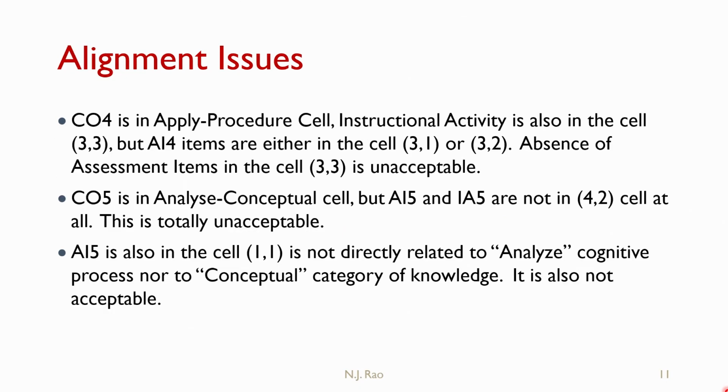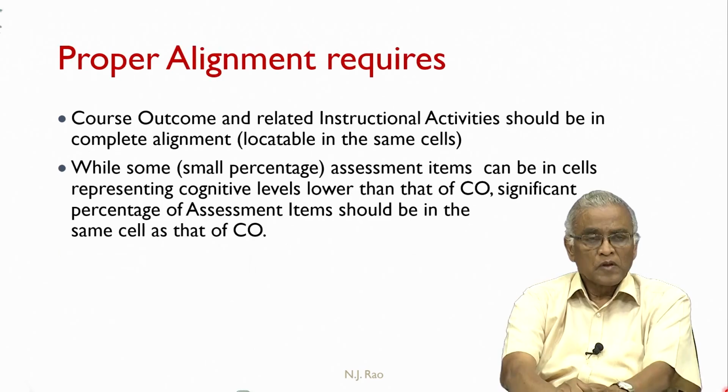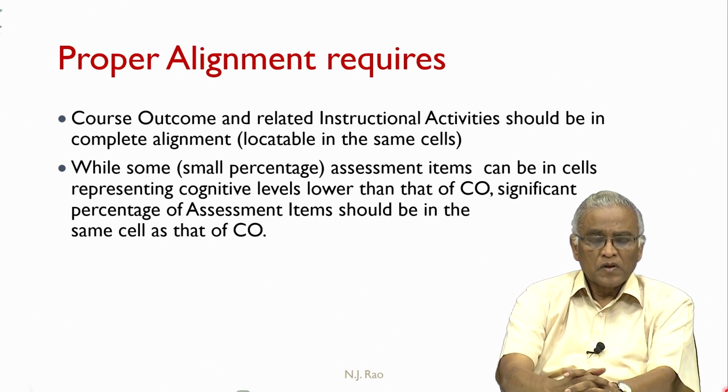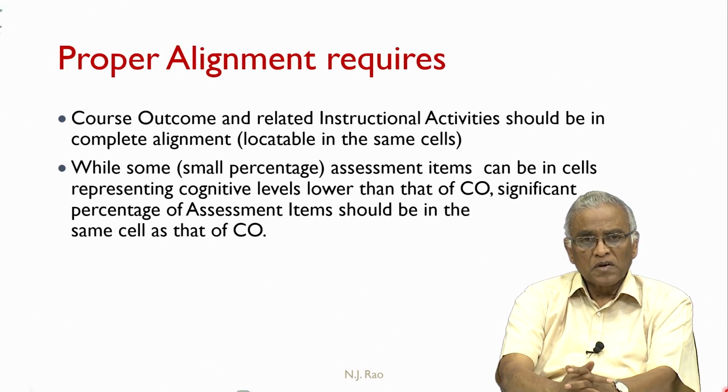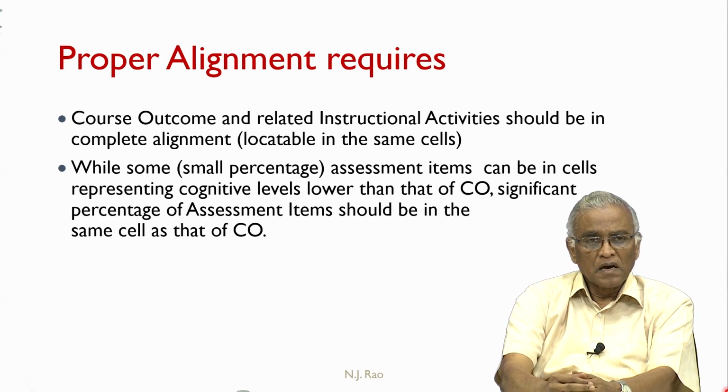Now this is what we have explained about all the cells in the sample that was presented. First thing is, course outcome and related instructional activities should be in complete alignment, should be locatable in the same cell, that is first thing.